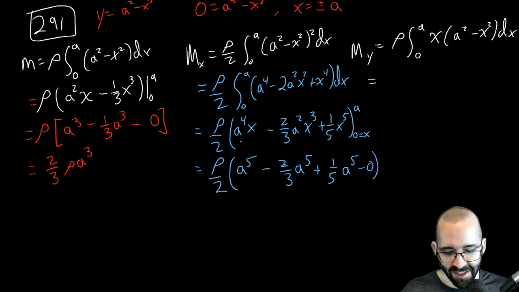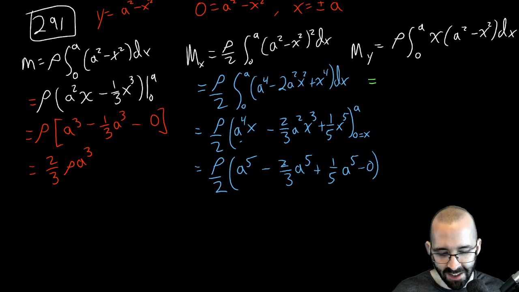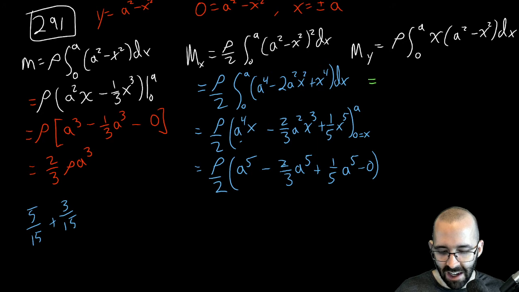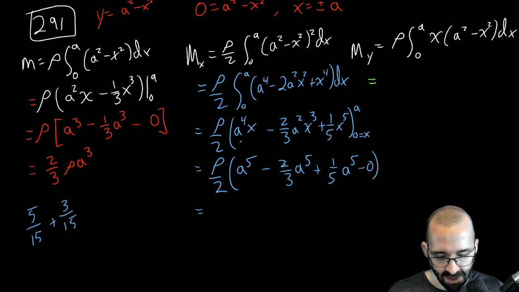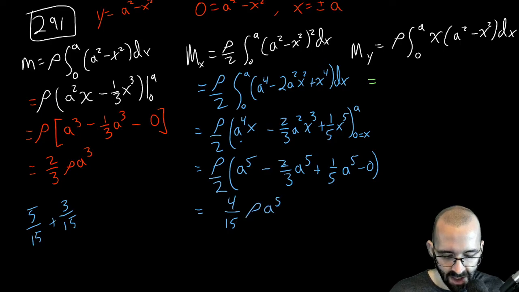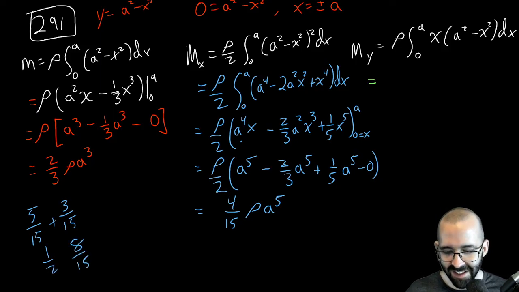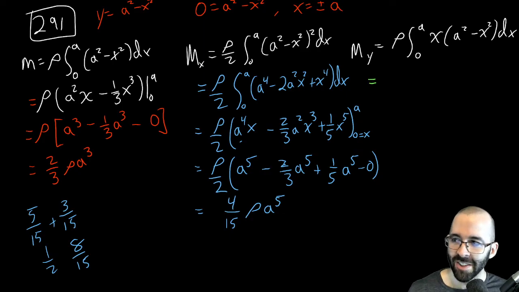They're all a to the 5ths. 1 minus 2/3 is 1/3. 1/3 plus 1/5 is 8/15. This becomes 4/15 rho a to the 5th, because 1/2 of 8/15 is 4/15. That's too much math in my head. We'll see if we mess up.